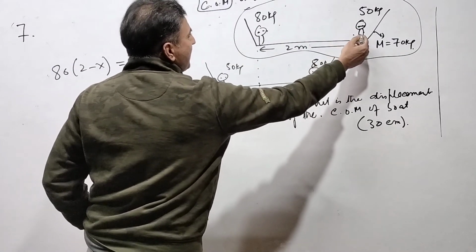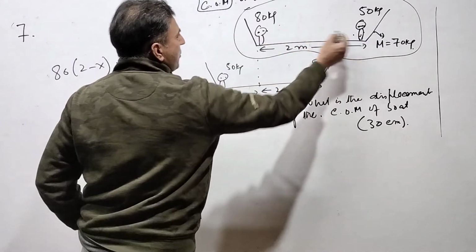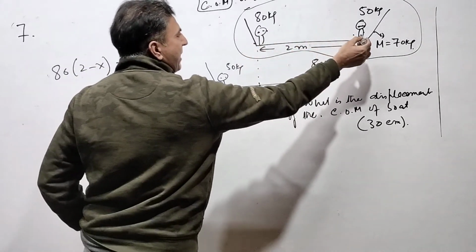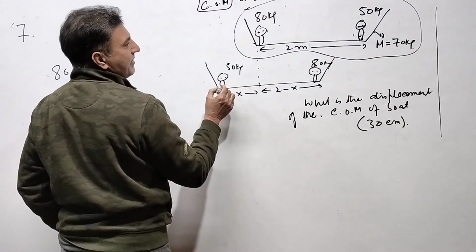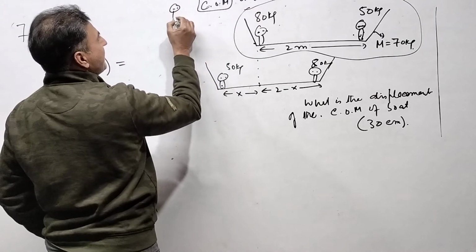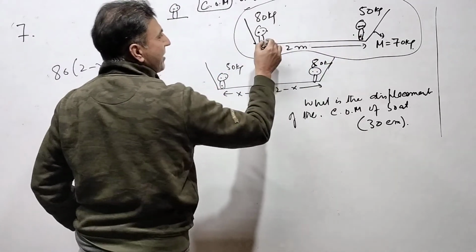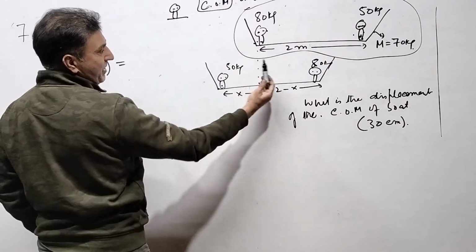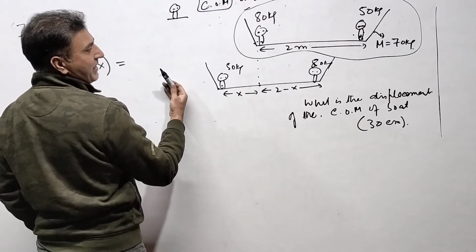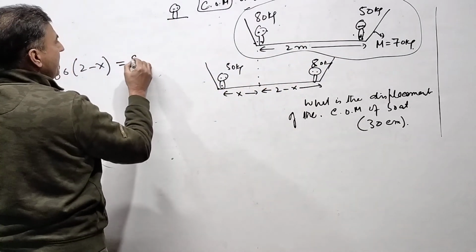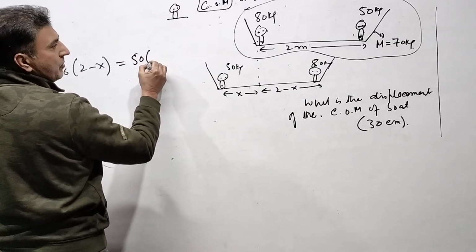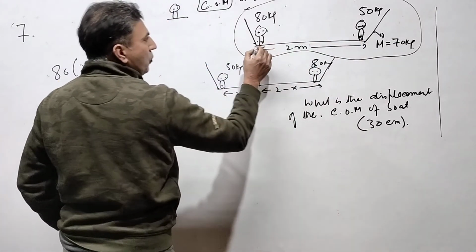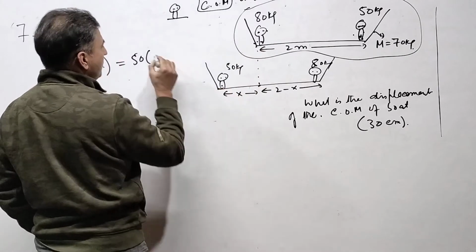How much distance does it travel? It goes from here to here on the boat, but with respect to a person on the ground, it goes from here to here, because the boat has gone in the backward direction. So it is 50 into 2 meter plus x, 2 plus x.